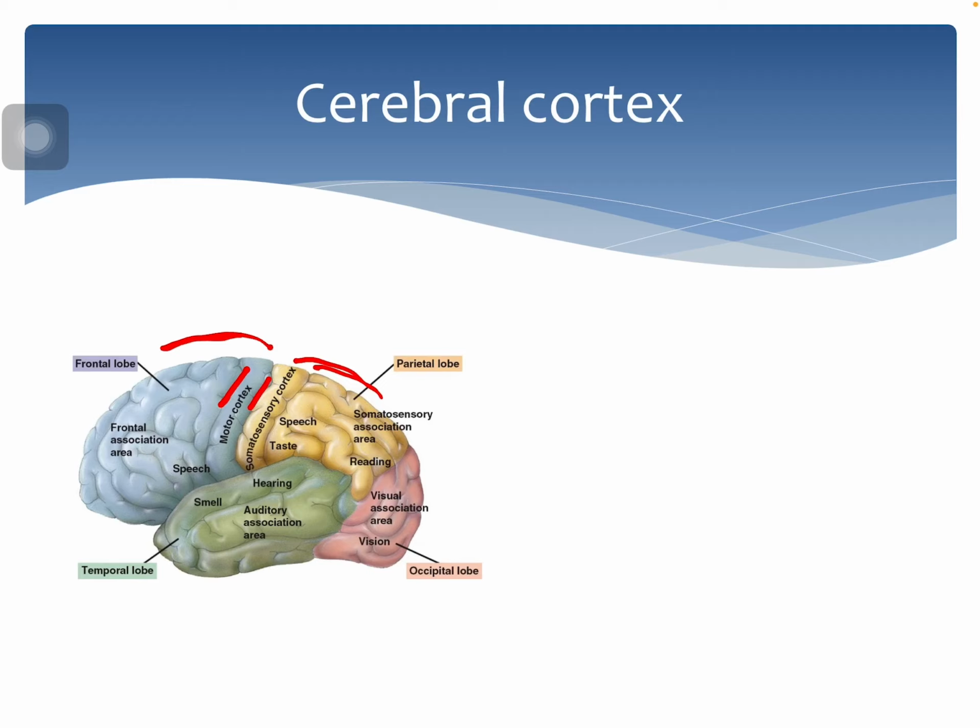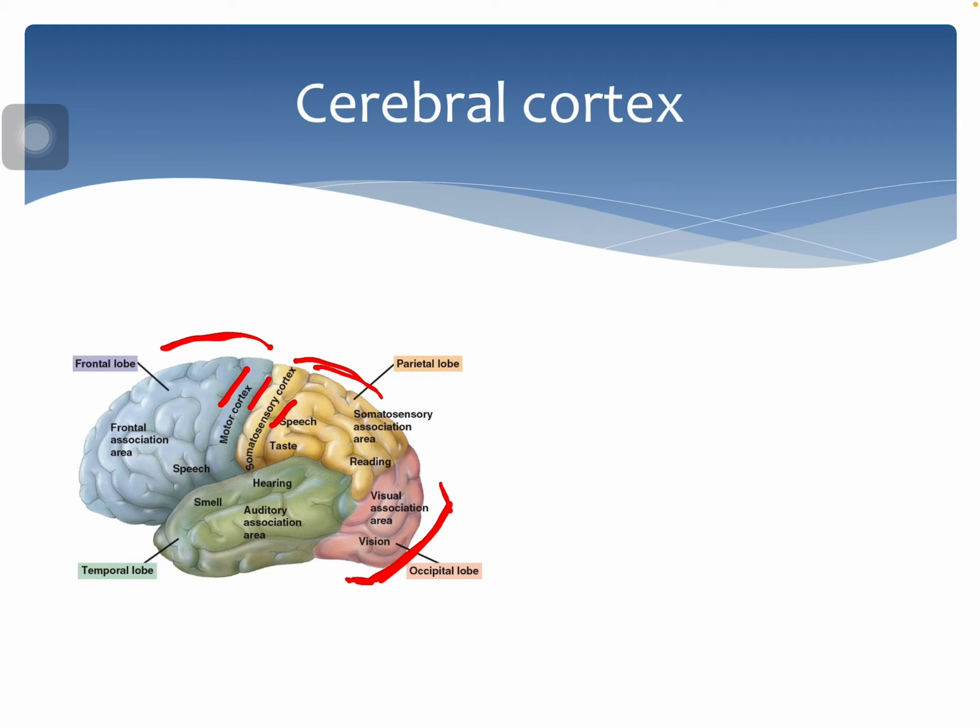The parietal lobe, which is more on the top of your head, is important for speech. It's important for somatosensory areas, so being able to feel your environment, know where you are in your environment, and also experience your environment in your perception. We also have in the back of our brain the occipital lobe, which is important for vision and visual processing.